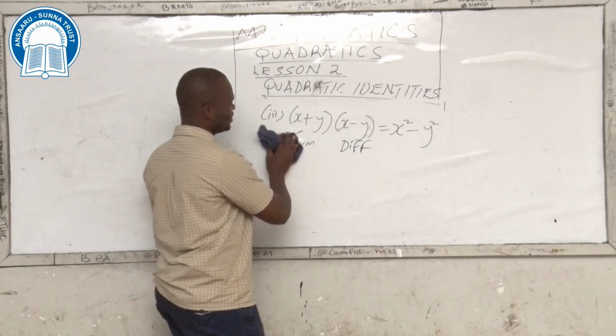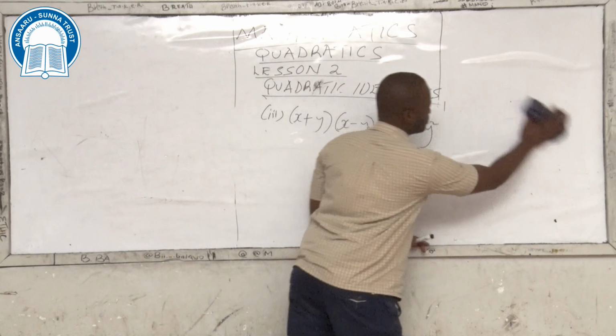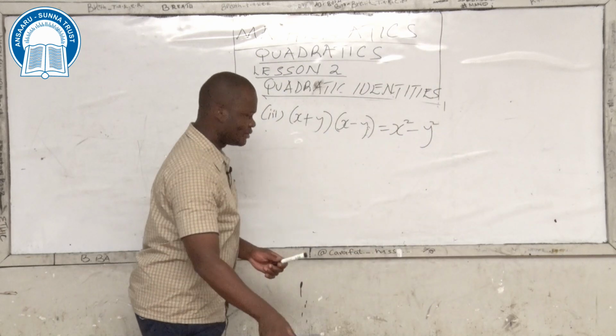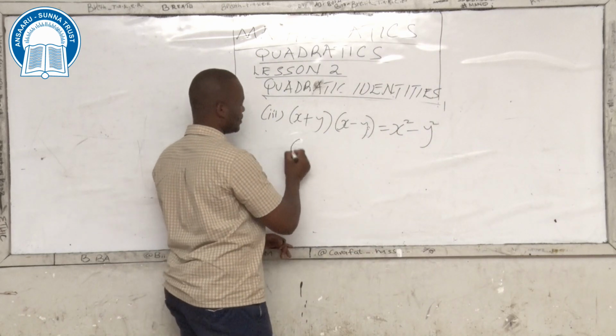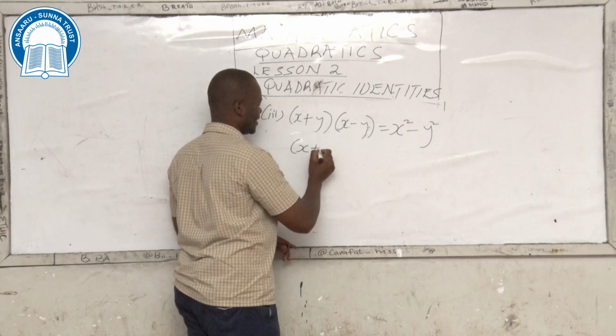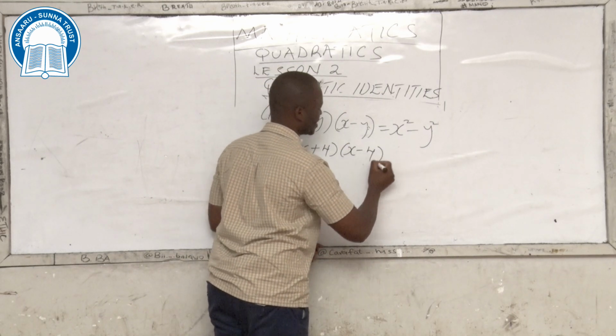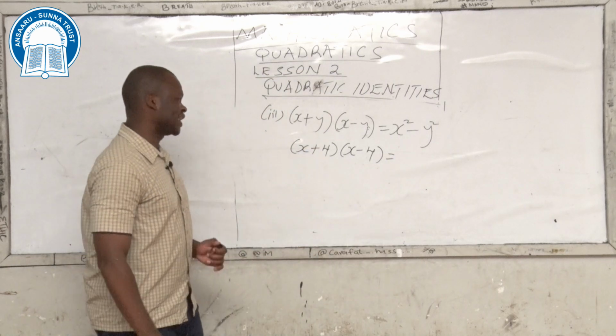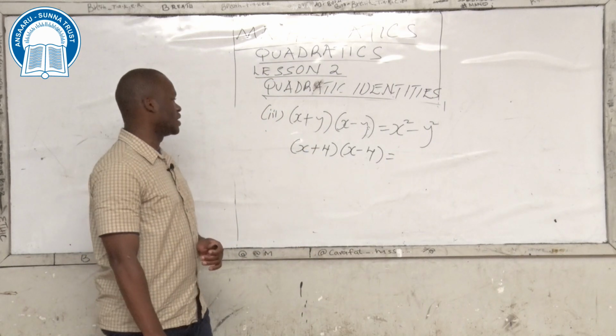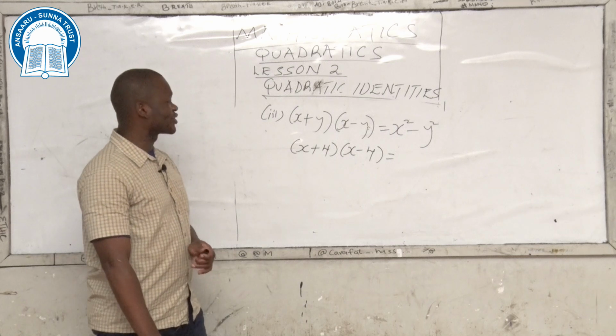Let's look at a few examples just to make sure we get the point. We have x plus 4 times x minus 4. So using the long multiplication, what will be the outcome?